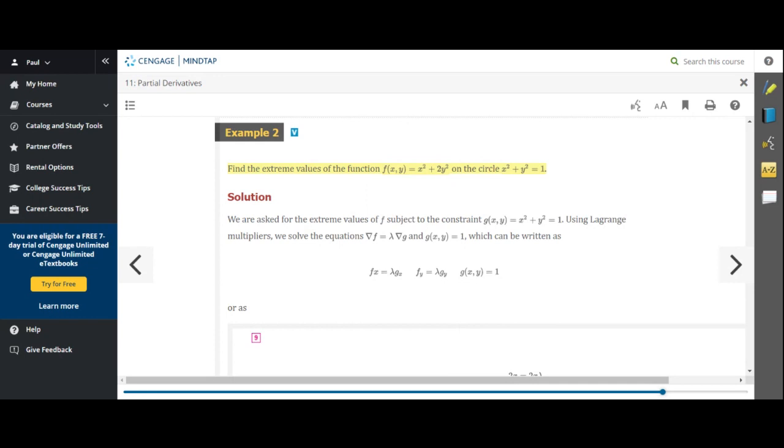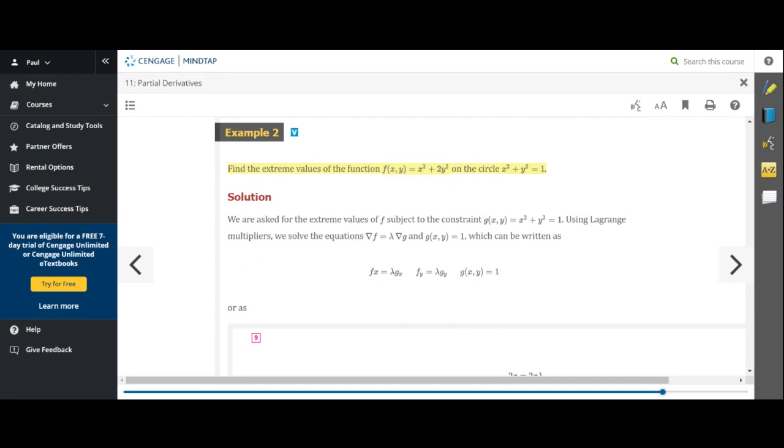But the function you're looking for extreme values of, maxima or minima, is a paraboloid. You want to maximize or minimize that function, but you're requiring that the points satisfy the circle.